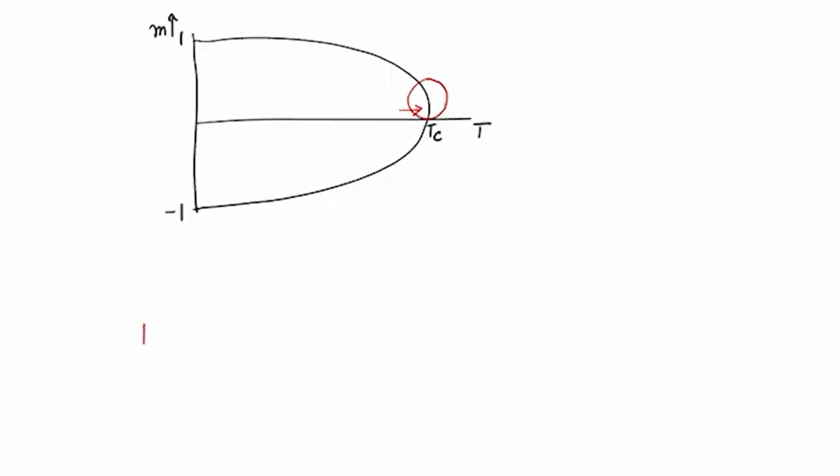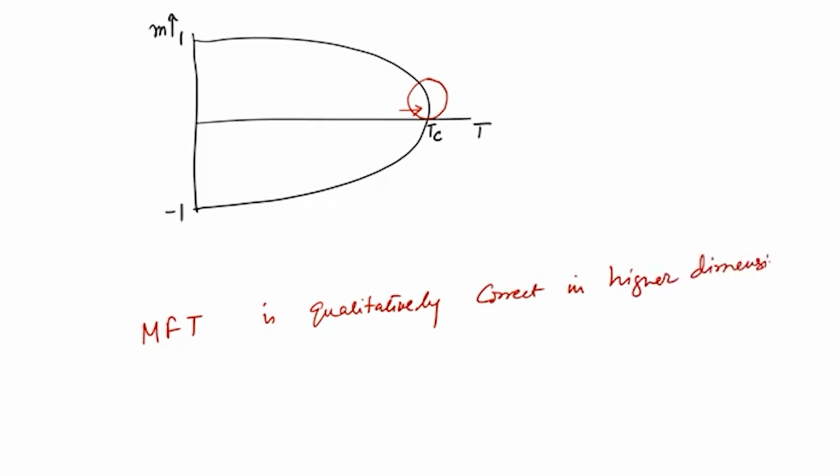So, let me write this: mean field theory is qualitatively correct in higher dimensions but gives a wrong result in 1D. Okay.